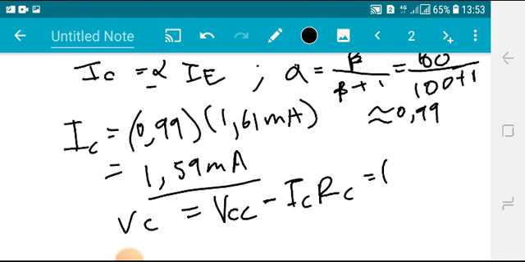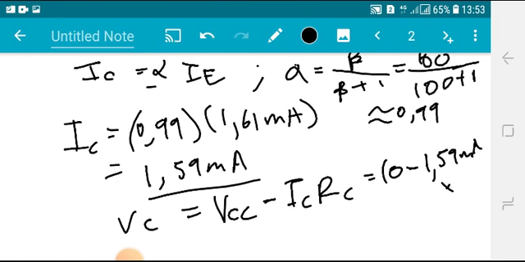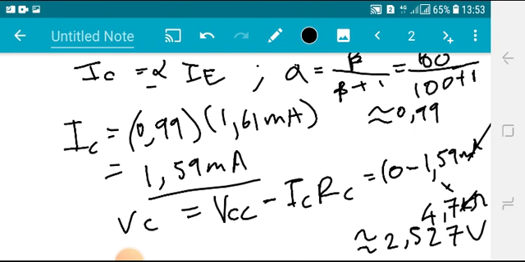It just makes logical sense. So 10, and here we already worked this out as 1.59 milliamps multiplied by our collector resistance of 4.7 kilo ohms. Kilo and milli cancel out. Let's see what we have. 1.59 multiplied by 4.7, so approximately 2.527 volts is equal to my VC.